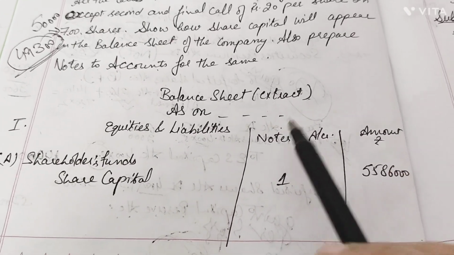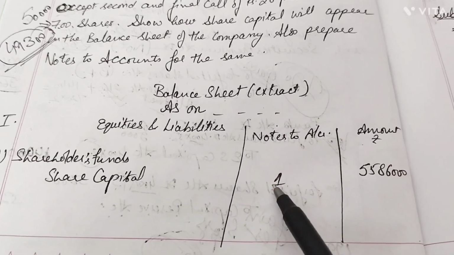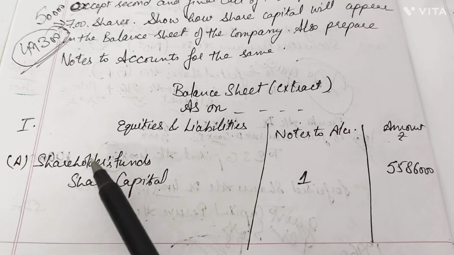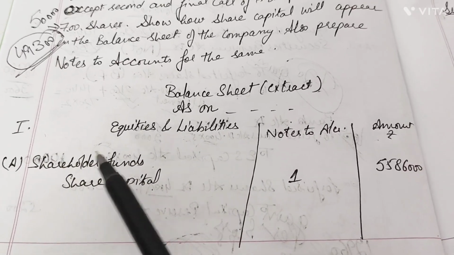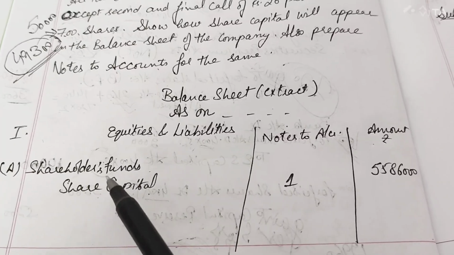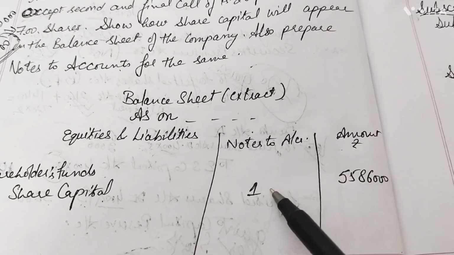One column is for notes to accounts, another column is for amount. From the first note to accounts we took our share capital under the heading shareholders' funds. Shareholders' funds include share capital and reserves and surplus also, but here we need to prepare only for share capital. This is taken from notes to accounts 1.